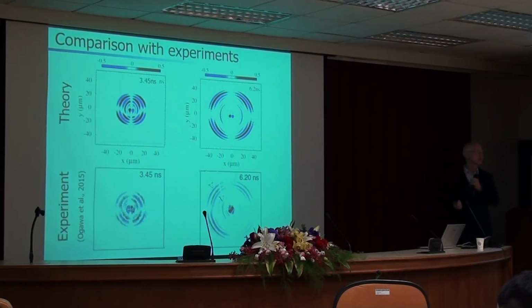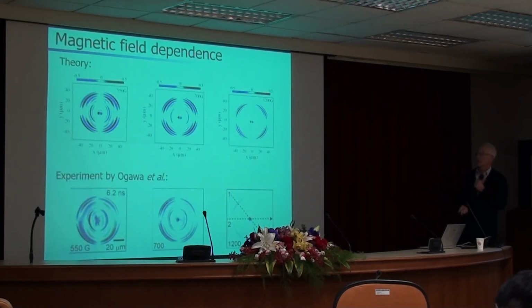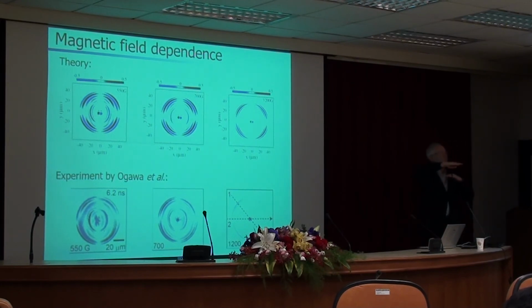In these experiments, we do not see any inverse Faraday effect excitation. We can also look at the magnetic field dependence of these patterns, and we see in general, in theory and experiment, a weakening of the signal as well as an increase of the frequency, which can be explained simply by the shift of the spin wave gap by the magnetic field.